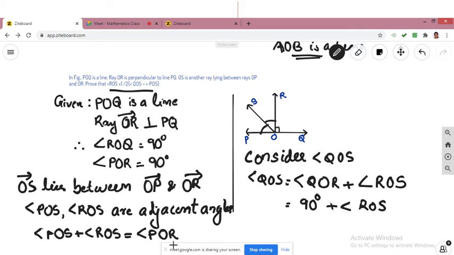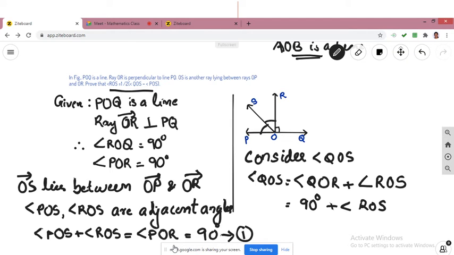Now we have got that angle POS plus angle ROS is equal to angle POR. What is angle POR? Angle POR is also 90 degrees, ma'am. Yes, so I'll mark this as equation 1.